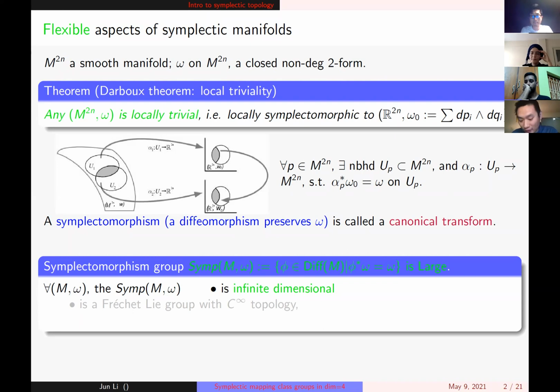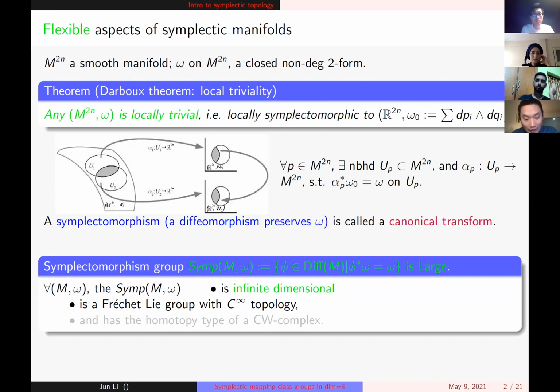Another aspect of the flexibility is that this symmetry group in the symplectic category is large. By large, we mean it is infinite dimensional. If we give it the C-infinity topology, then we have a Fréchet Lie group.